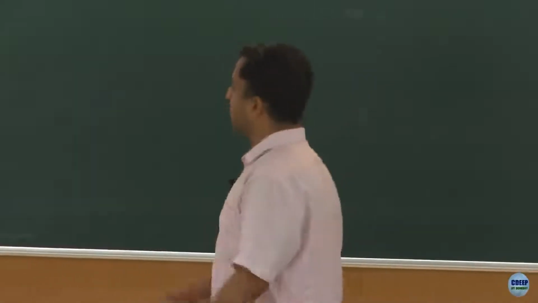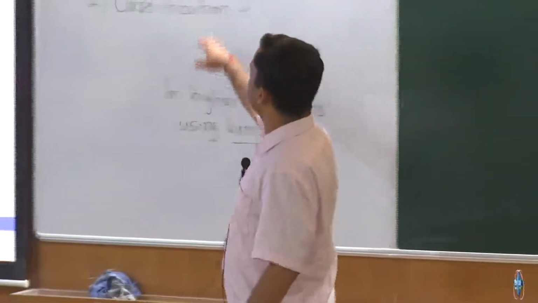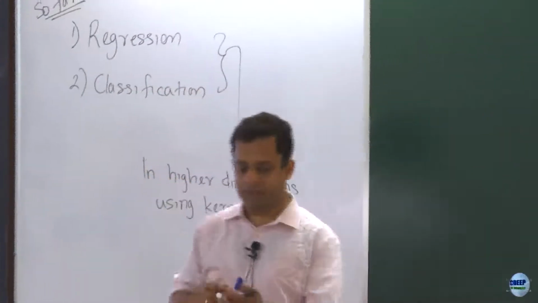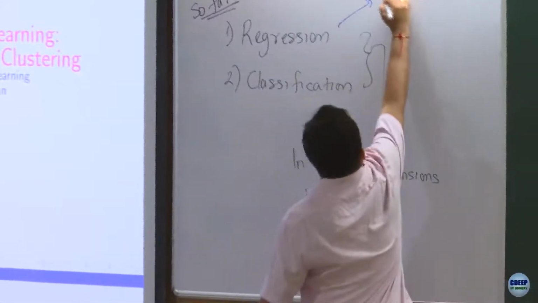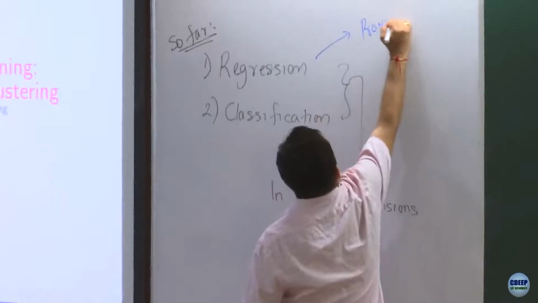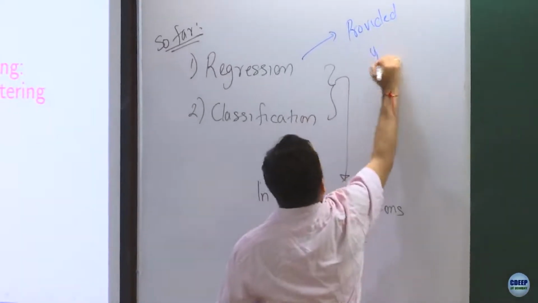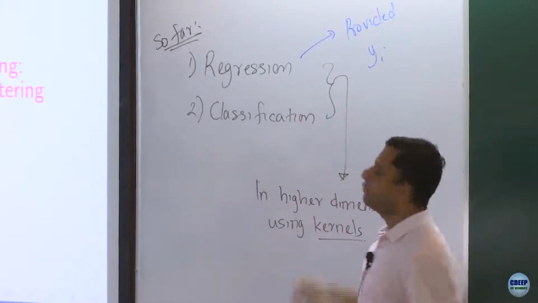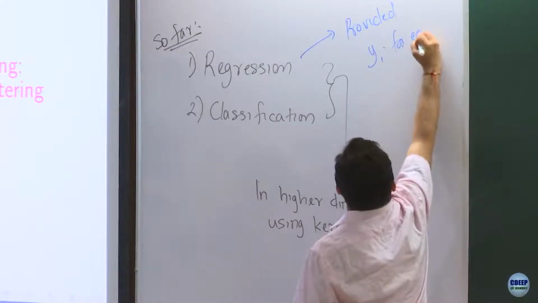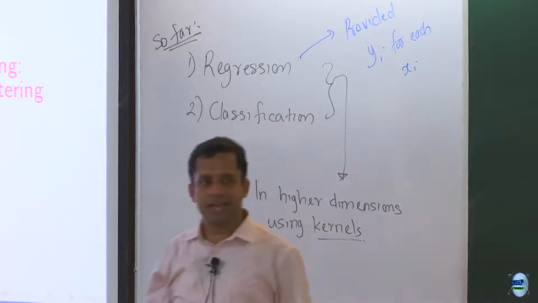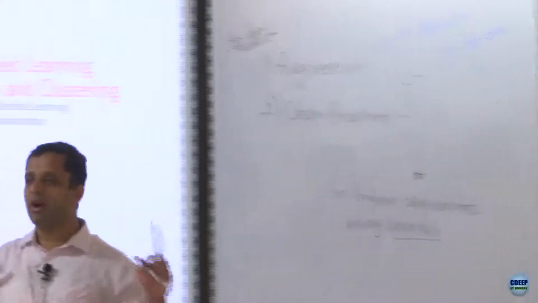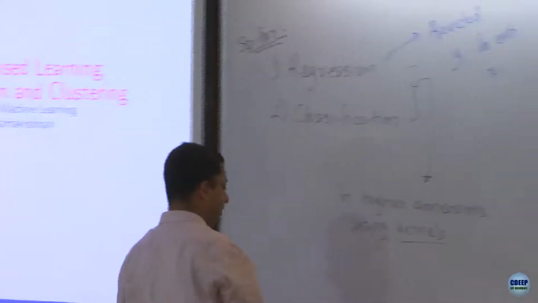What I'm going to do is help you appreciate that in regression and classification, both of these, there exists a yi for each xi, in training as well as test data.